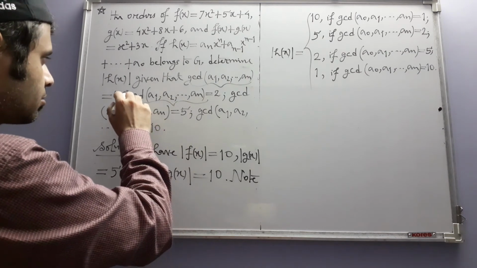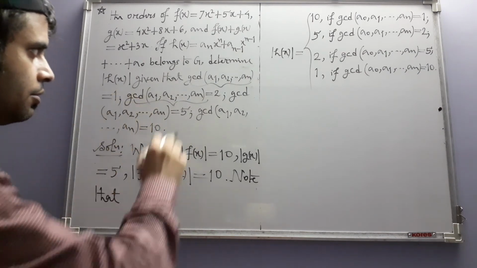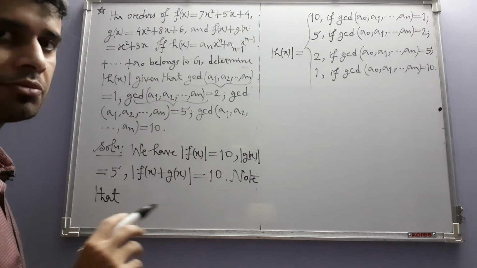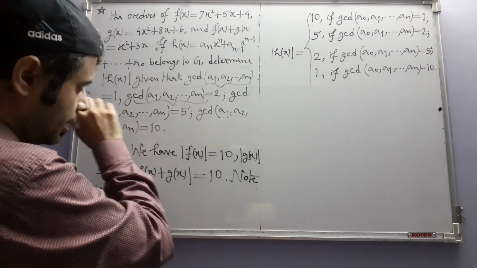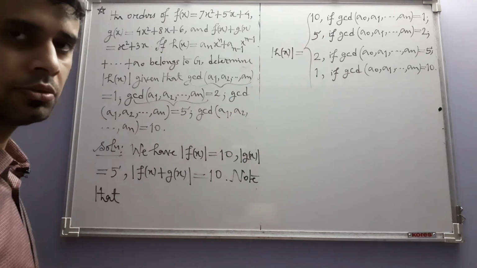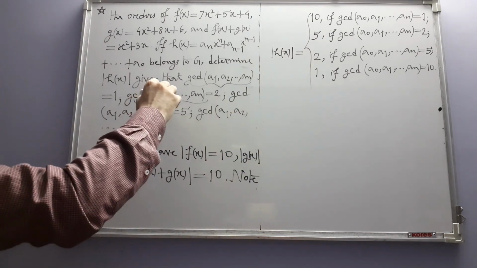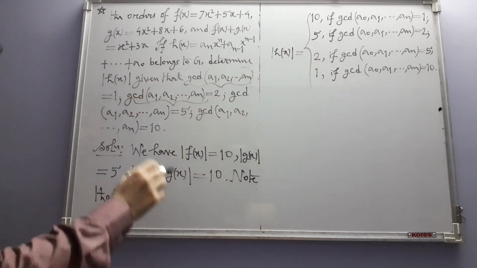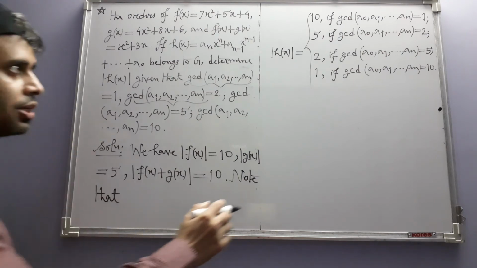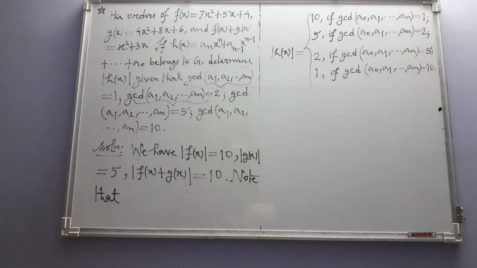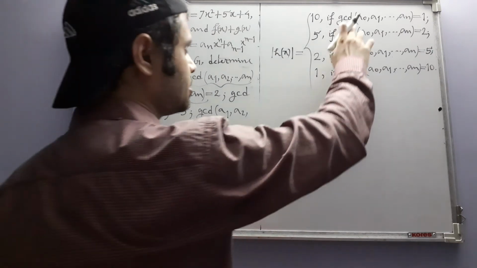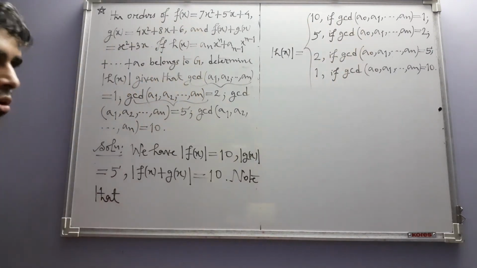However, the constant coefficient a0 may not be divisible by 2. If that is the case, then there is a chance that the entire GCD will be equal to 1. So depending on the situation, you will ultimately get one of these 4 things, and if you get one of these 4 things, then you know how to find the order.